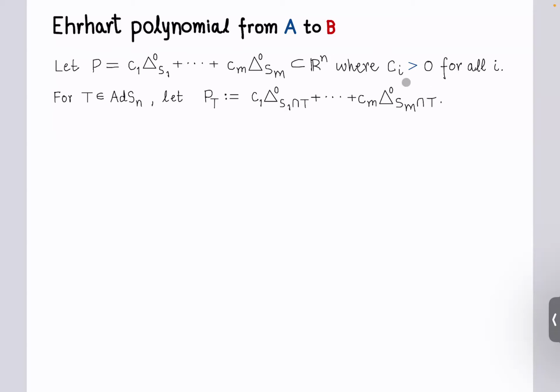And all of the c_I are going to be integers, because we want to talk about the Ehrhart polynomial, and we only want to talk about integral polytopes. And for an admissible subset T of size n, we let P_T be this generalized type B permutohedron where you intersect each S_i with T.